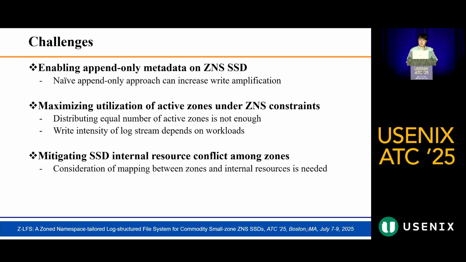In addition, because the write intensity of each log stream depends on the workload, the optimal number of active zones for a log stream cannot be determined statically. Finally, to avoid resource conflicts, the file system should be aware of the zone mapping and manage it accordingly.